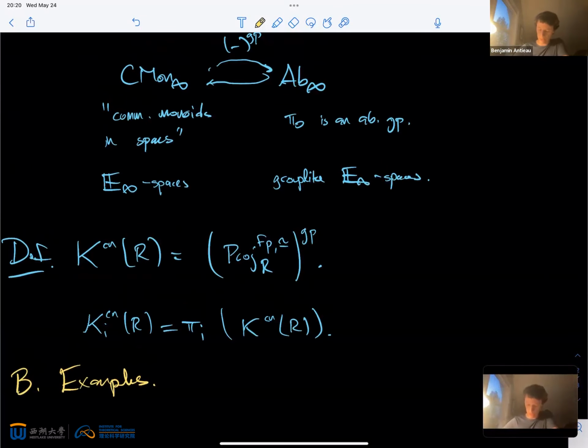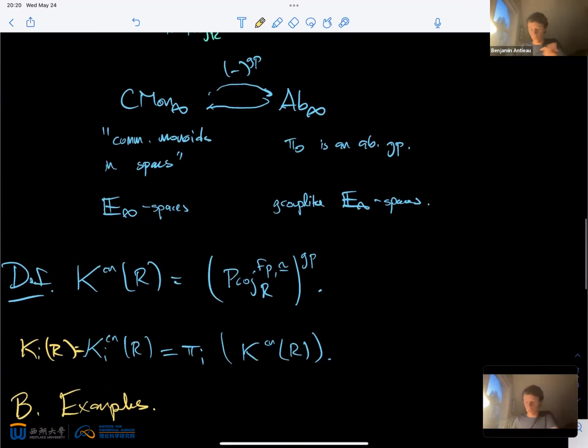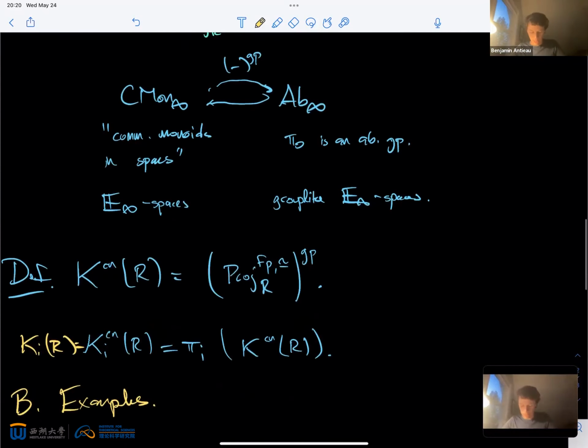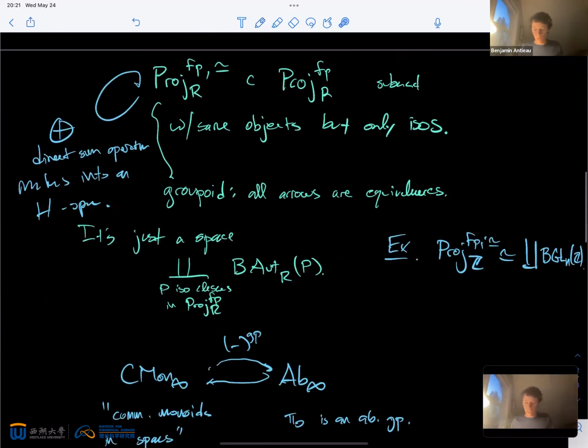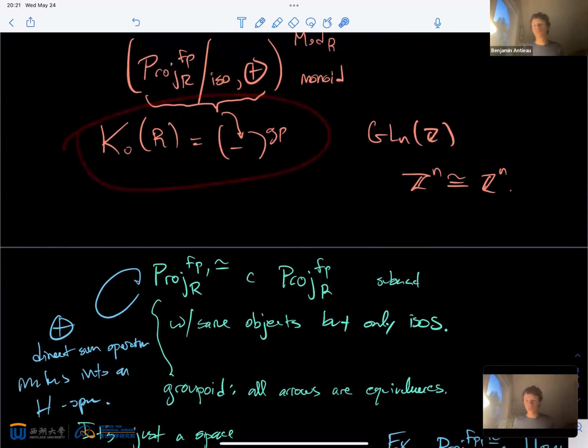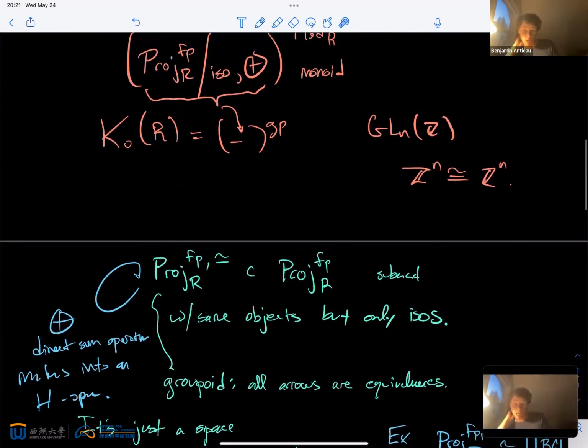So maybe I'll even just write this K_i R equals this. So the first thing to note is that if I compute K_0 R this way, it agrees with the definition I gave up here. So we haven't changed K_0. That's a plus. Now we have possibly higher homotopy groups.